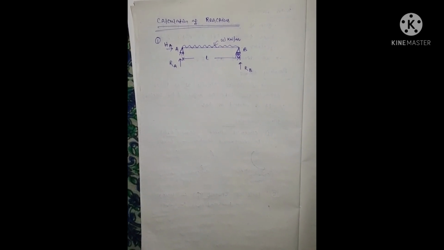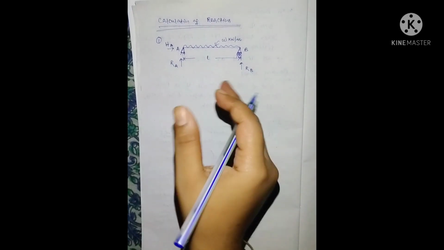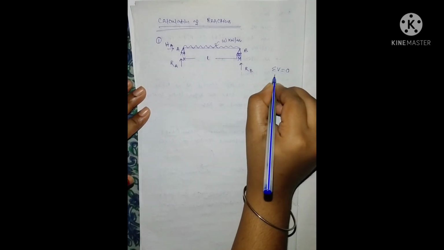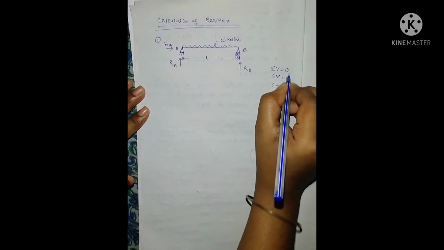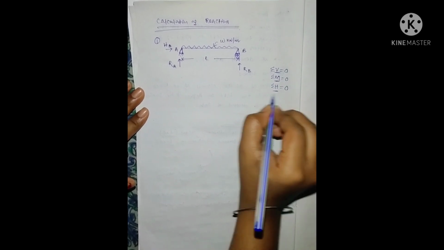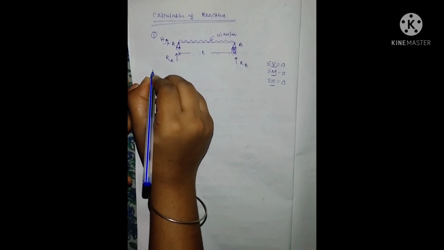For calculating reactions, we have to put the equilibrium equations. We learned earlier the equilibrium equations: summation of V equal to 0, summation of M equal to 0, summation of H equal to 0. This is vertical force, summation of moment, and sum of horizontal force. Here we apply them one by one.